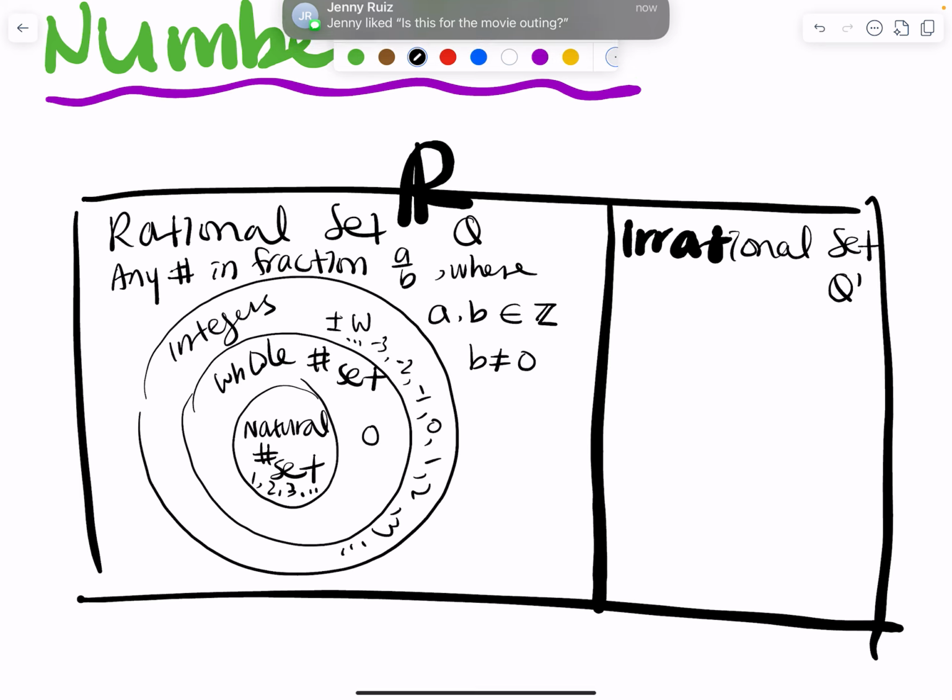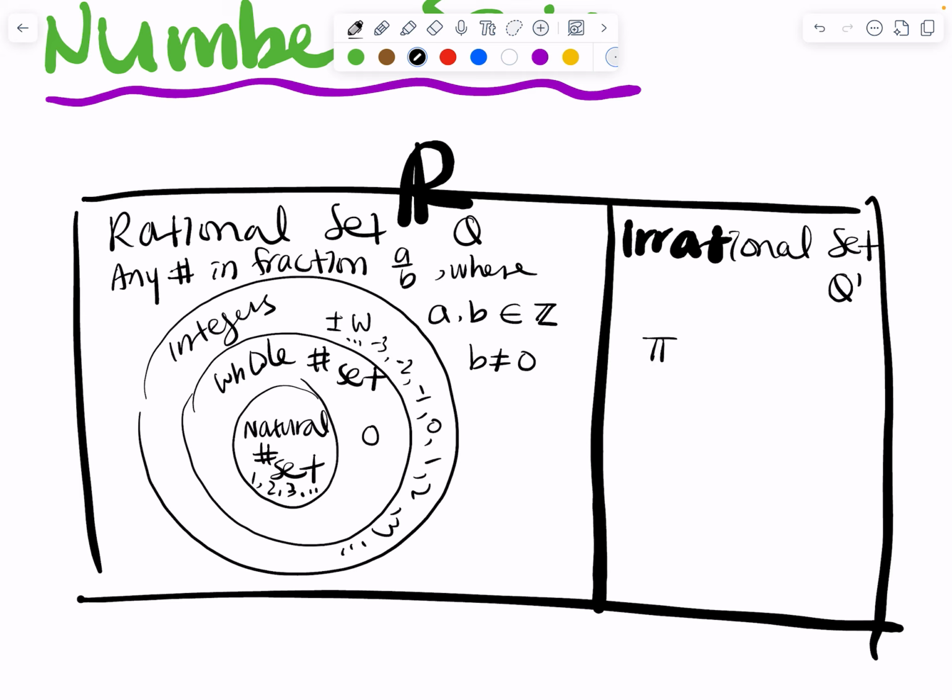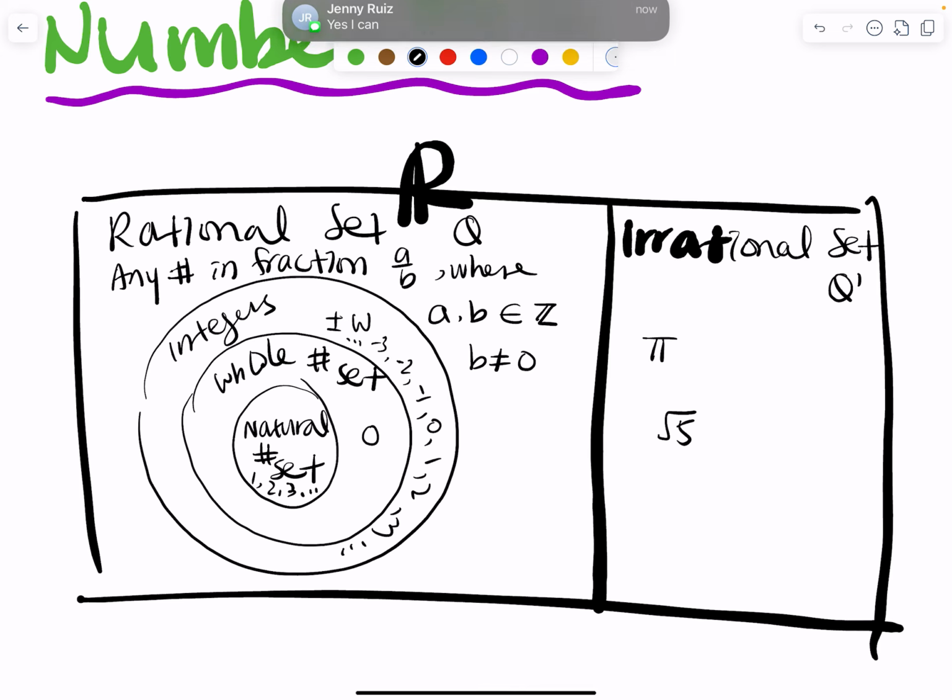Irrational numbers: a classic example is pi, or radical 5. We cannot come up with a number that multiplies by itself to equal 5. It will be an ugly decimal, which means it cannot be expressed as a fraction. Any non-repeating, non-terminating decimal is irrational.